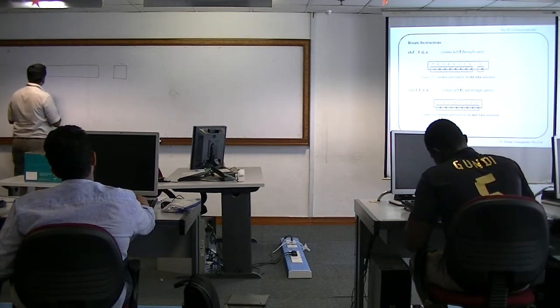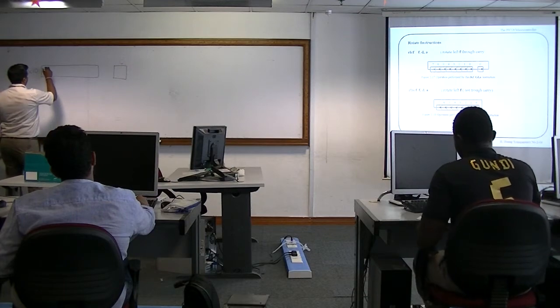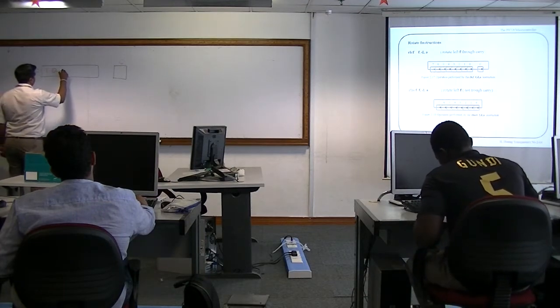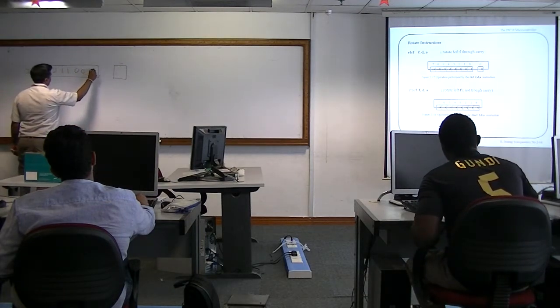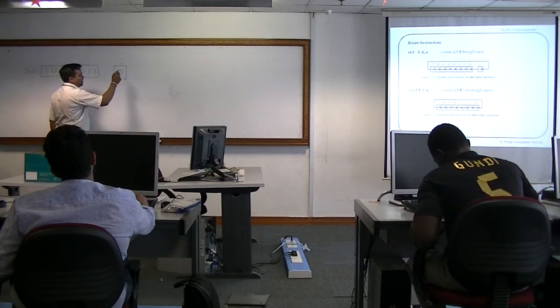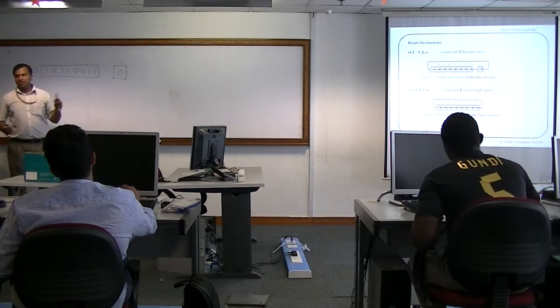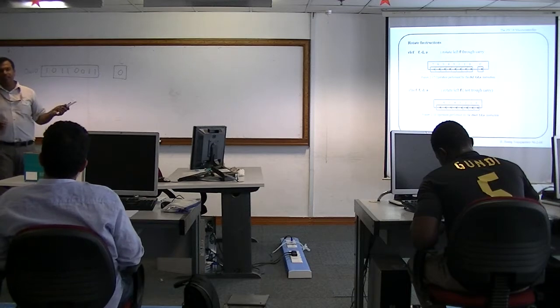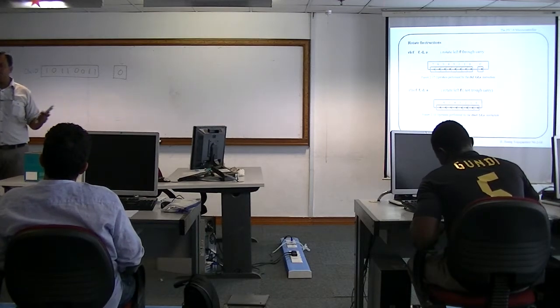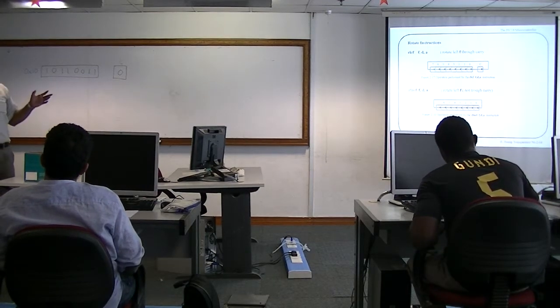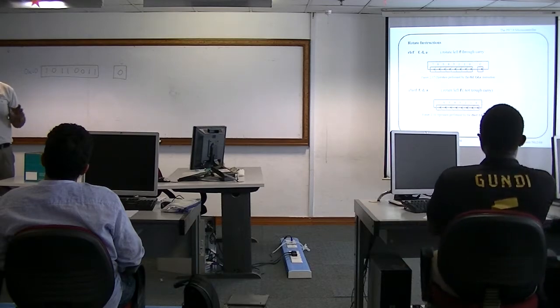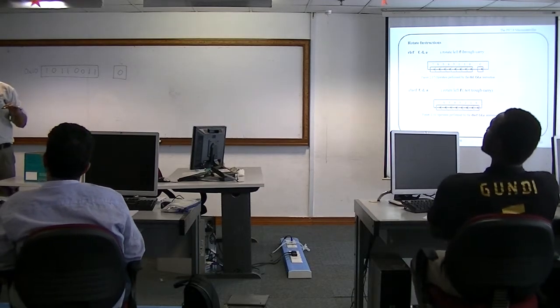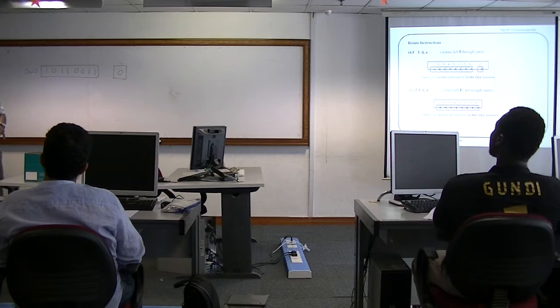So let's put in some dummy value inside this. And assume that in the initial condition we have these values in carry and also this value in the 5 register. Don't worry about why this instruction is rotate through carry. There is a reason for that. But for now, I want you to understand how it works. Rotate through carry means like this, rotate not through carry means like that. So we're going to see how it actually works.